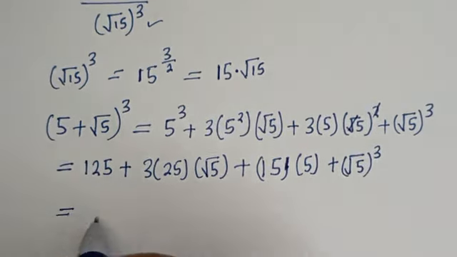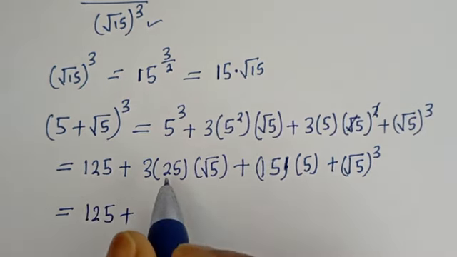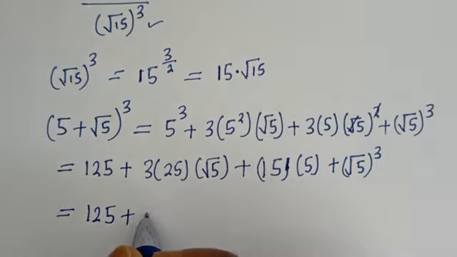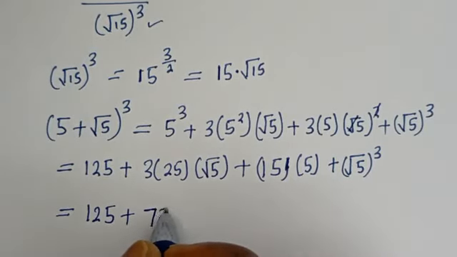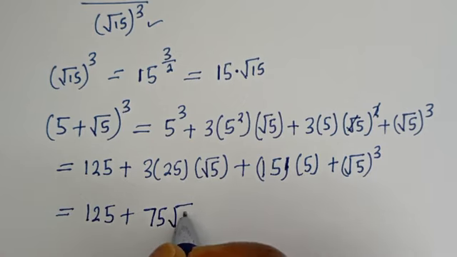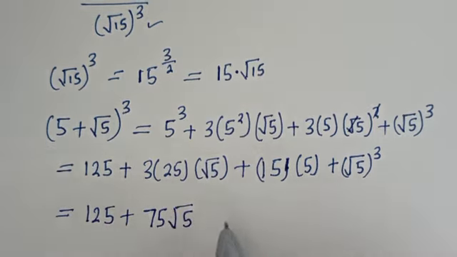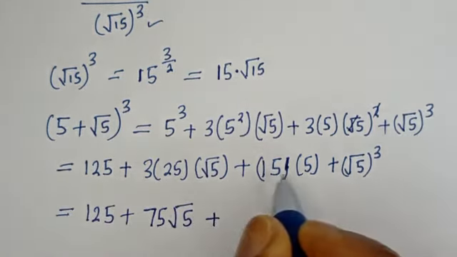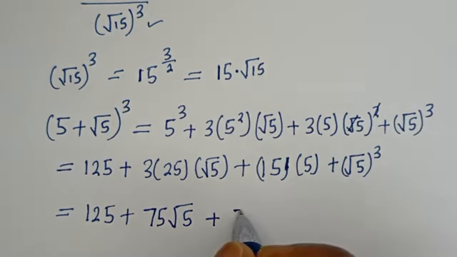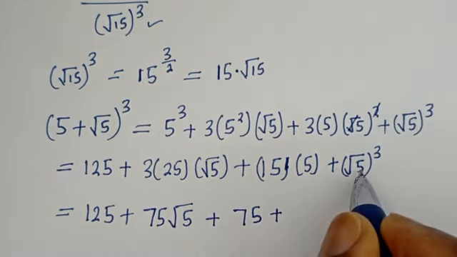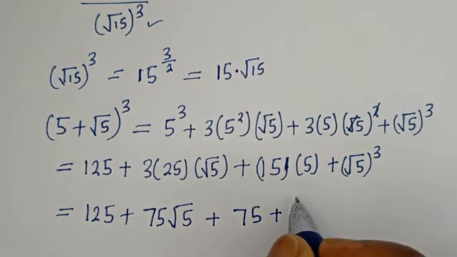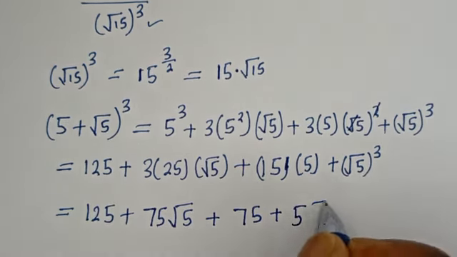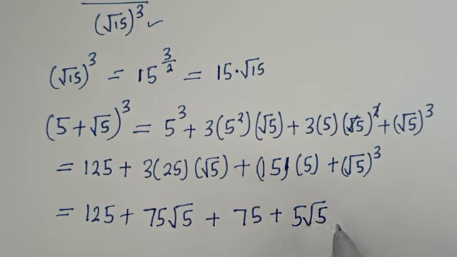Then this is equal to 125 plus 3 times 25, that is 75, root 5. If you multiply by root 5 plus 15 times 5, that is 75, plus square root of 5 to the power of 3 is 5 root 5.